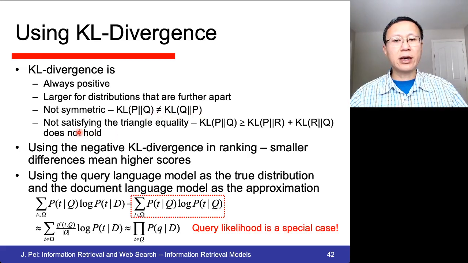And also, KL divergence is not a metric, meaning it does not satisfy the triangle inequality.